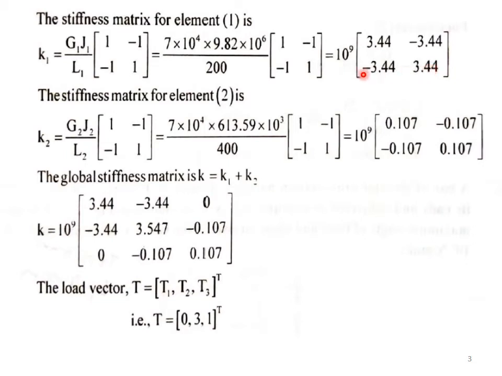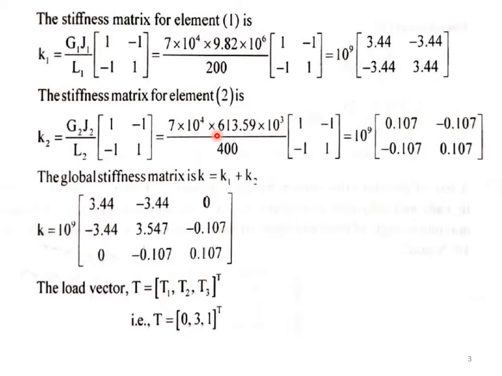Now for the element 2 stiffness matrix, K2 is equal to G2 J2 by L2 times [1 minus 1; minus 1 1]. G is the same for both the elements. G is 7 into 10 to the power of 4, and J is pi into d to the power of 4 by 32 as told previously. J2 is different.